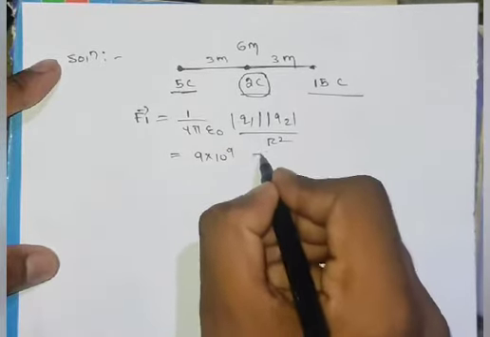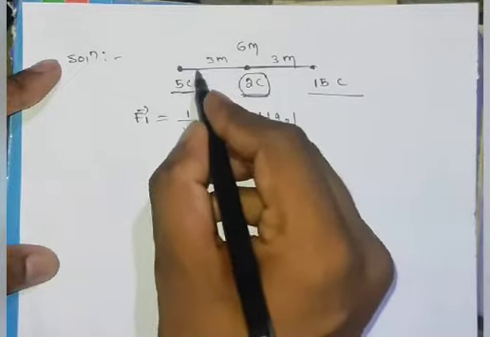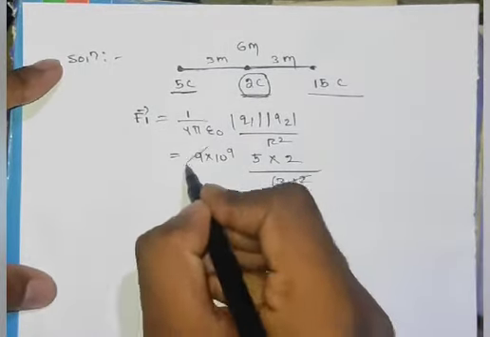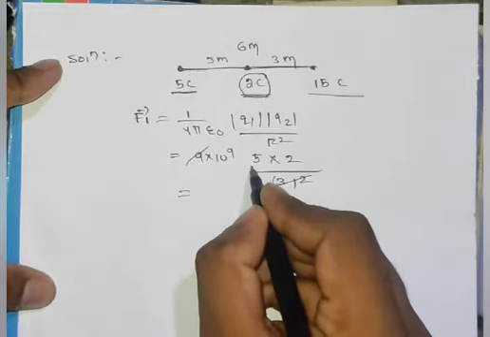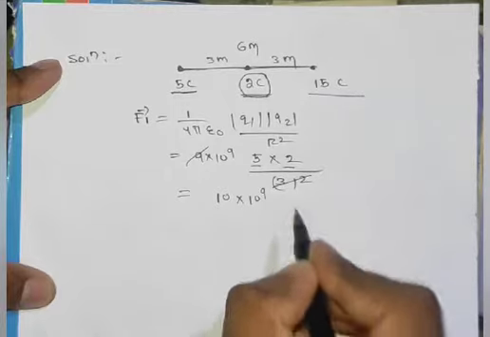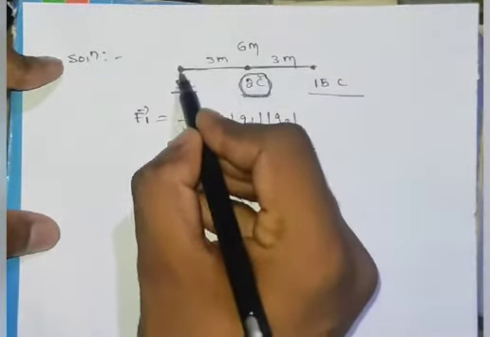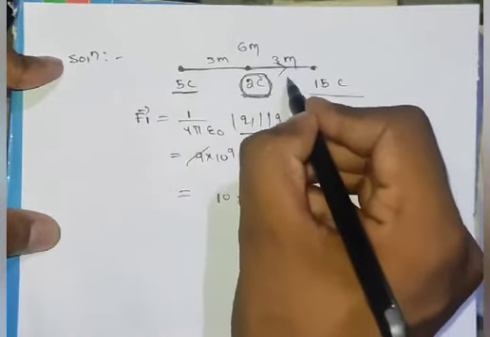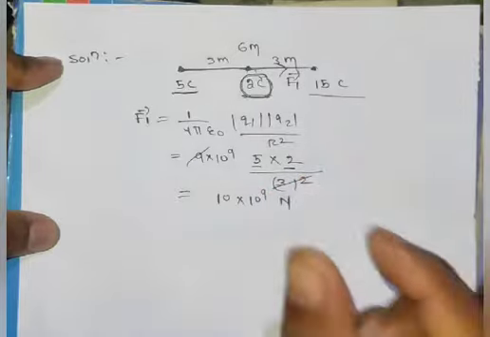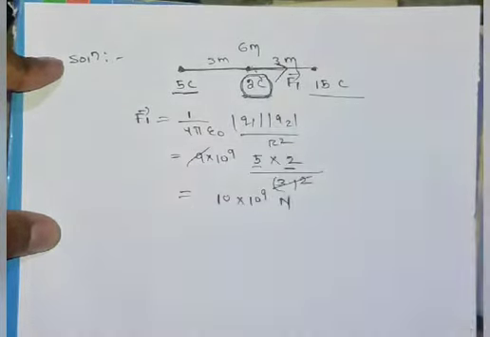Q1 is 5, Q2 is 2 and R is 3 meter, so 3 square is 9, and this 9 will cancel. Multiplying 5 with 2, it will be 10 into 10 to the power 9 Newton. The force on this 2 coulomb due to 5 coulomb will be directed along this direction, because these two charges are positive, so their force of interaction will be repulsive and will act in this direction, along F1.